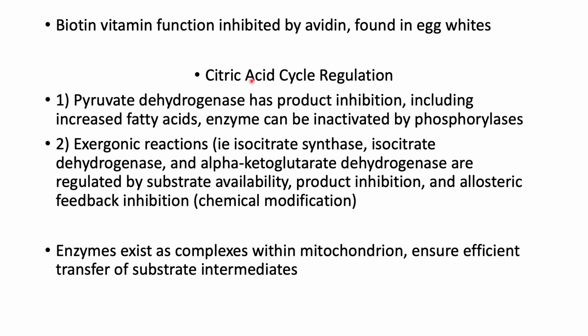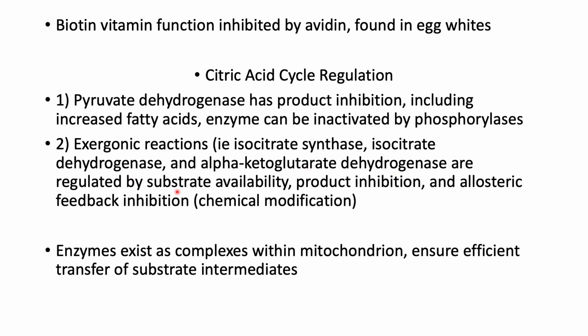Regulation of the Krebs cycle. Pyruvate dehydrogenase has product inhibition, so increased fatty acids can do that. The enzyme can also be inactivated by phosphorylation. The exergonic heat-producing reactions, negative delta H: isocitrate synthase, isocitrate dehydrogenase, alpha-ketoglutarate dehydrogenase.